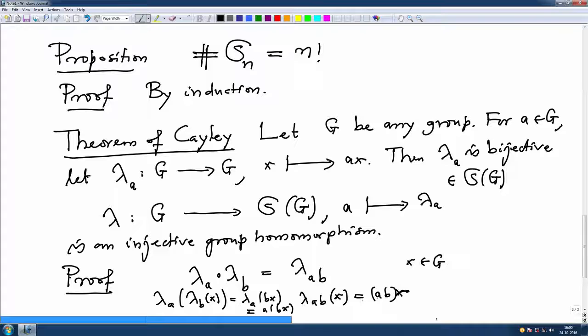But you see it's the associative property of the group operation in G, therefore these two maps are equal. Therefore we have checked that the composition of lambda A and lambda B is lambda suffix AB.